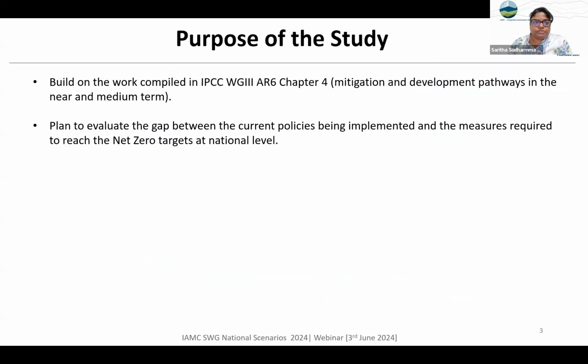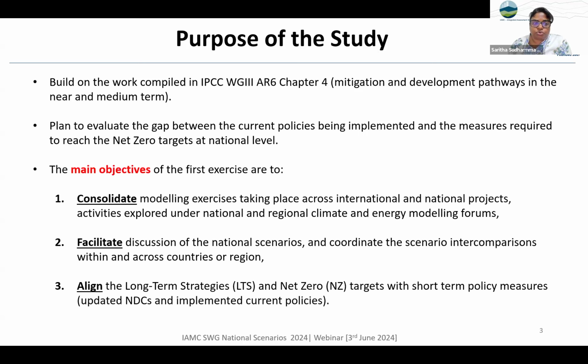So the purpose of this study, as everyone knows, we are building on the work that has been compiled under IPCC Working Group 3 AR6 Chapter 4. We plan to evaluate the gap between the current policies and the measures required to reach net zero.